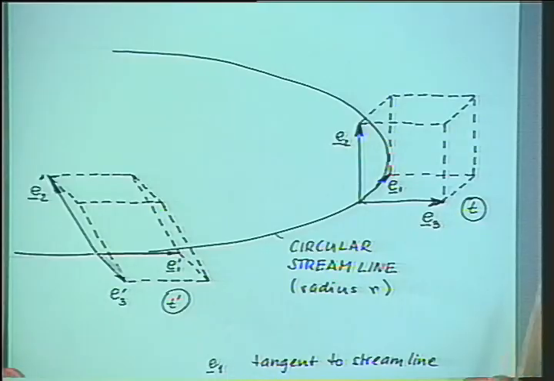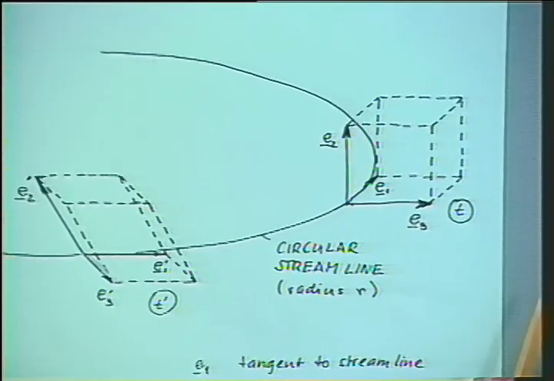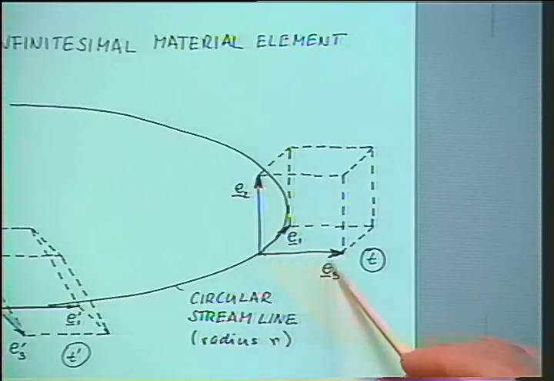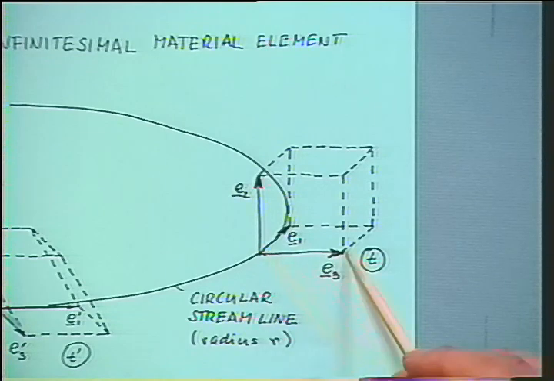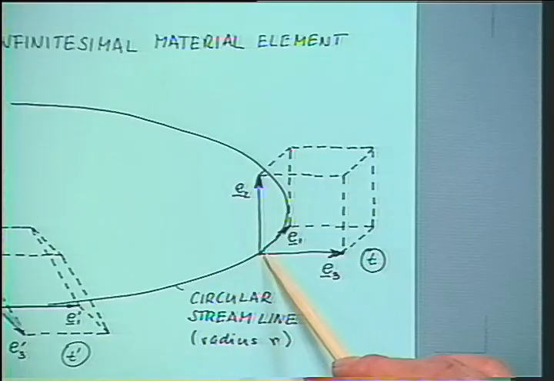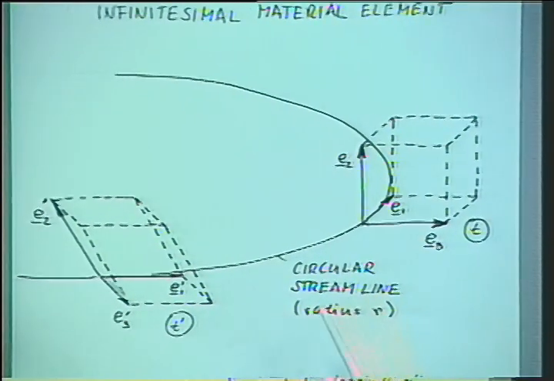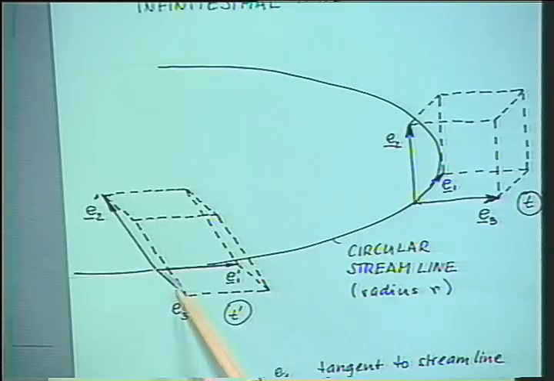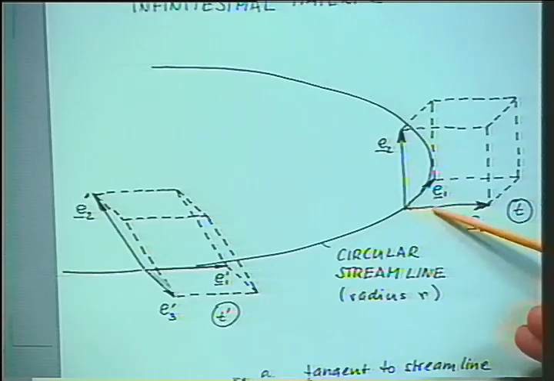To analyze the flow, I'm again using Lodge's approach, picking a set of orthonormal material vectors at time t. So they are of unit length and at right angles. The question is, where have those material vectors been at some previous time t prime? For a very small material element, the vector E3 is just going in radial direction, and it will be radial in both states.